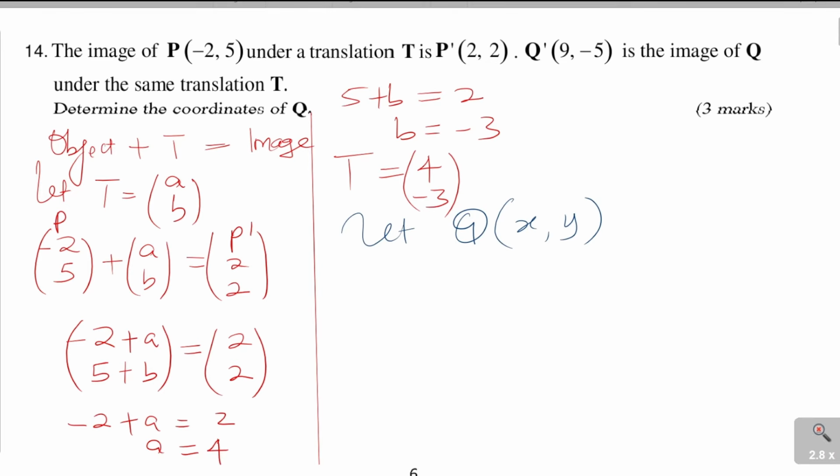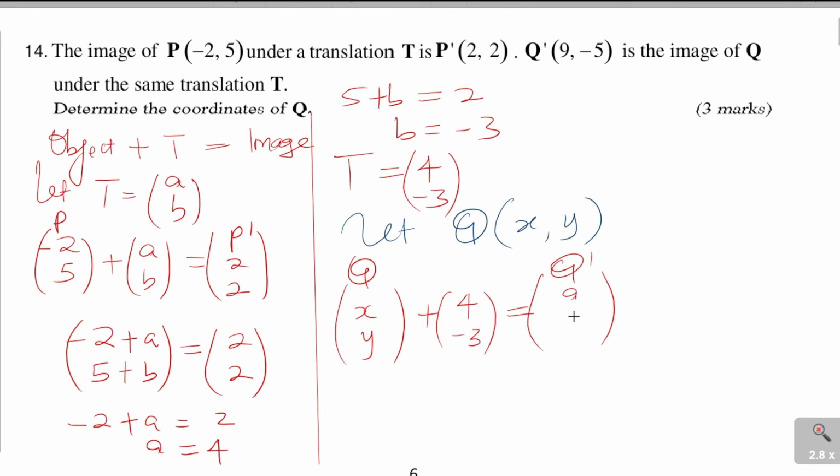So Q, which is (x, y), when we add the translation vector (4, -3), we get the image of Q, which is (9, -5). You take the object, add the translation vector to get the image. That is how we carry out questions on translation.